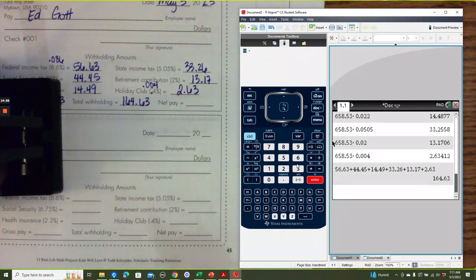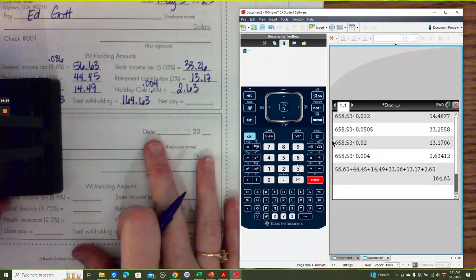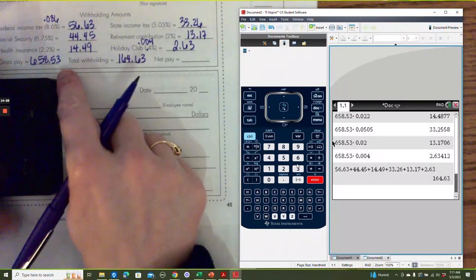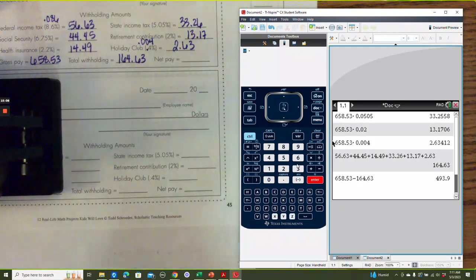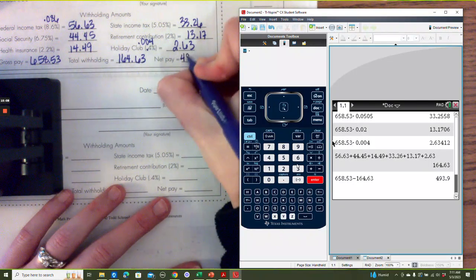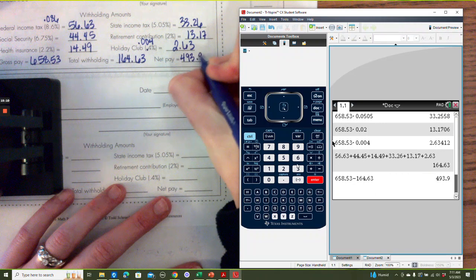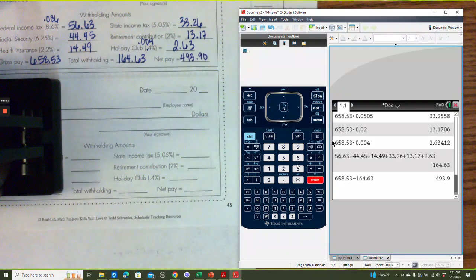All right, so to find his net pay, so let me move a little bit here. You take his gross pay and you subtract the withholding. So 493.90. Okay, that's what we're going to write the check for.